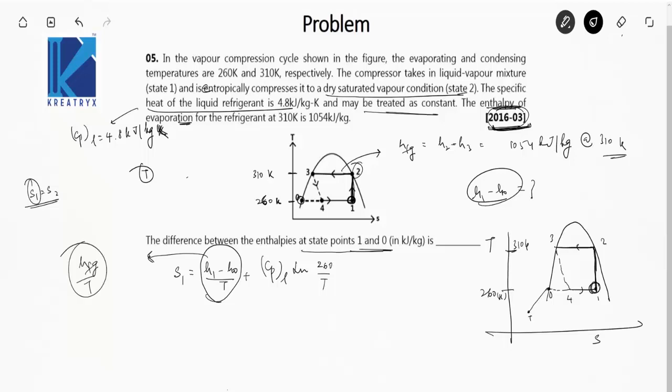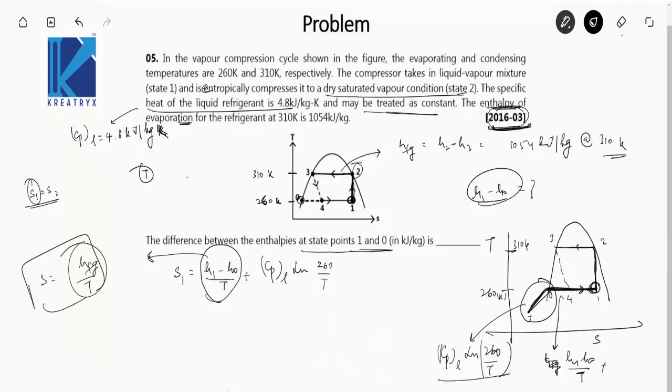When we have a mixture of liquid and vapor, the entropy for the part from point 1 to 0 is HFG, that is H1 minus H0, by T, plus the entropy of the part from point 0 to T, which is given by CPL ln 260 by T. So this 1 plus 2 will give me the entropy at state 1.